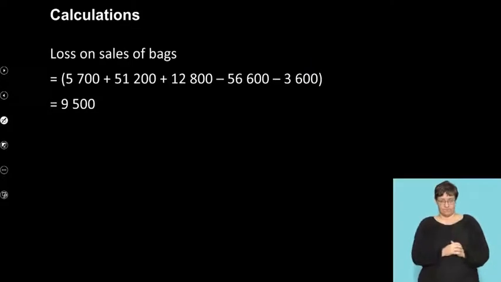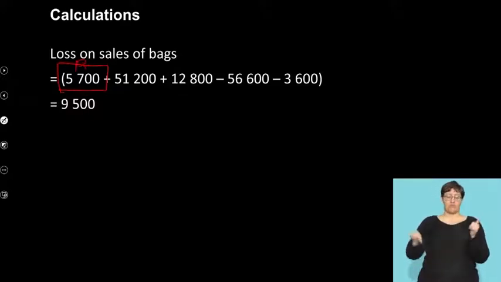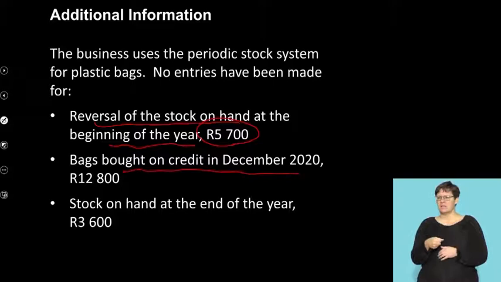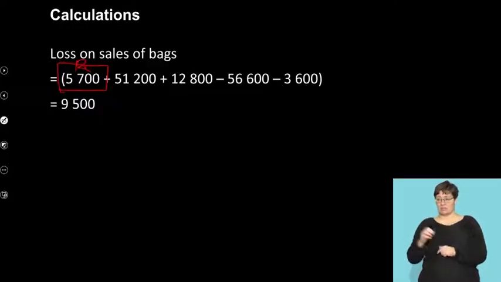What's my reversal? Watch here. So I start off by saying 5,700. What was that? My reversal. So let me mark it with an R so you know what that is. Right. What else do I know? I bought goods, the bags bought on credit was 12,800. So therefore, watch my calculation.